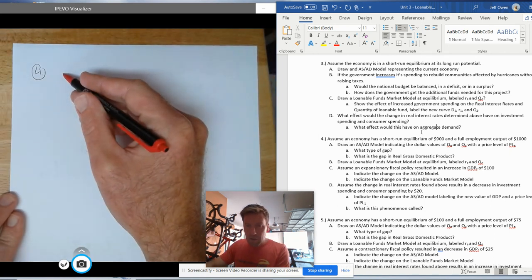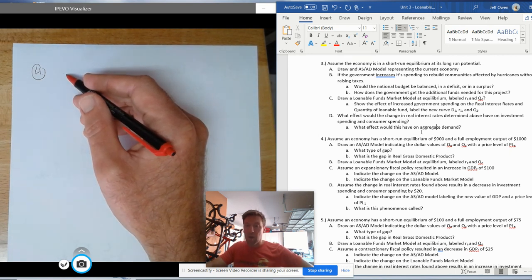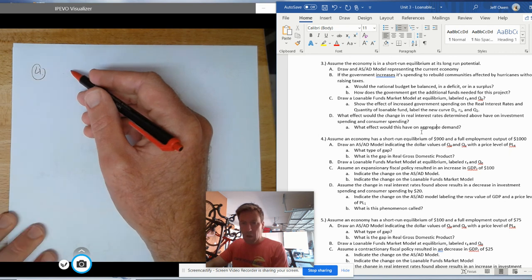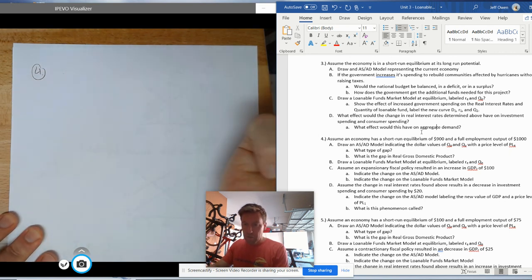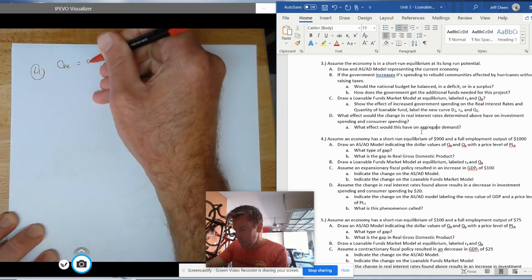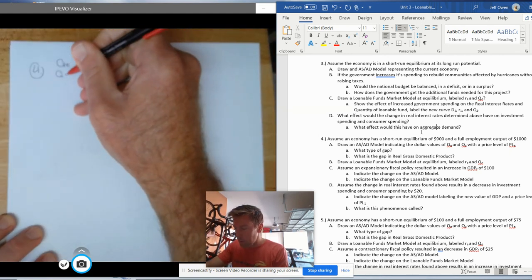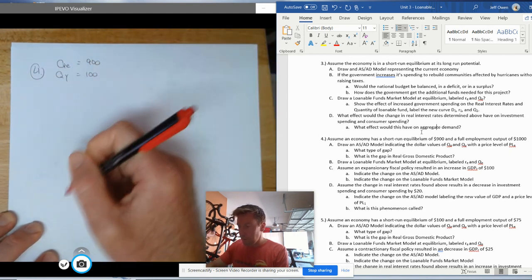Assume the economy has a short-run equilibrium of 900 and a full output of 1,000. All right, they want us to draw it. So short run, my QE is equal to 900. And my full employment, my QY, is 1,000.